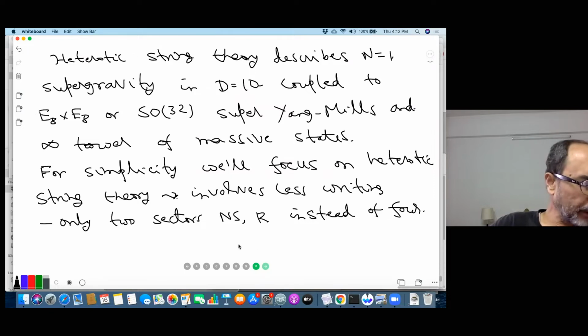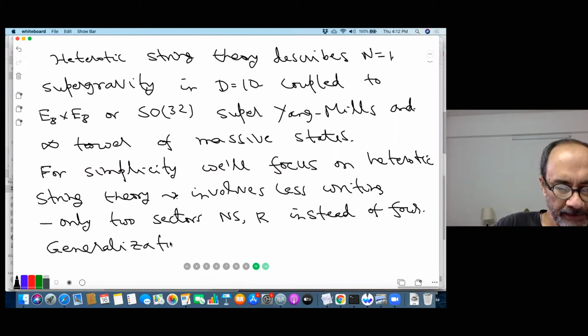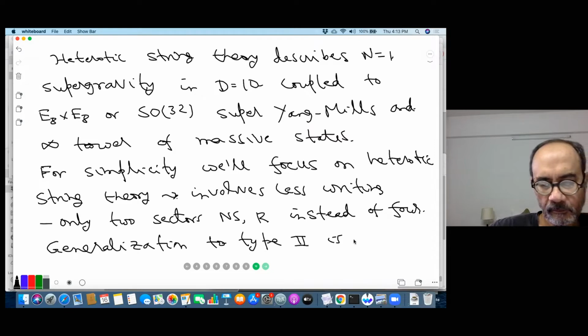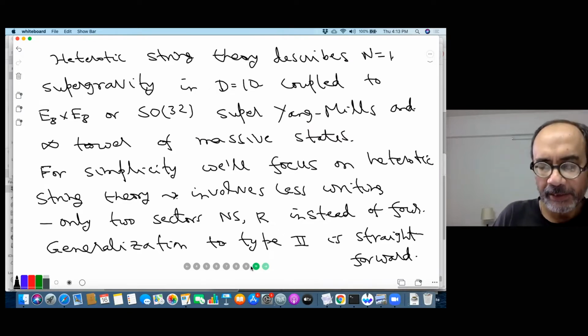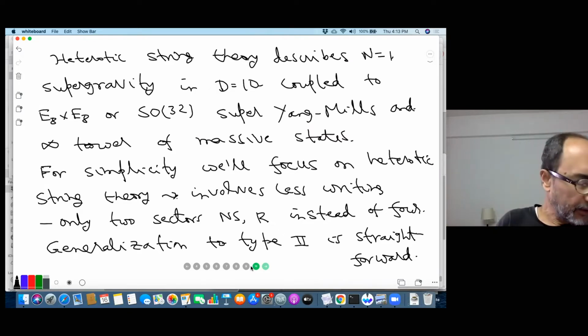But whatever we are going to discuss, the generalization to type 2 is straightforward. Okay, you can repeat whatever we are doing here for type 2 without much change.